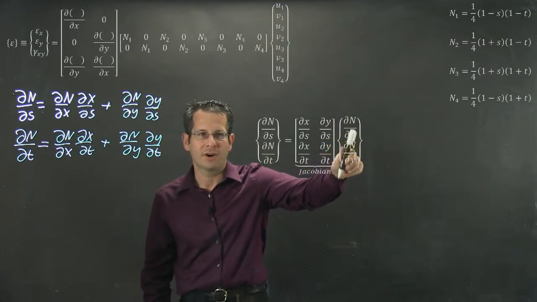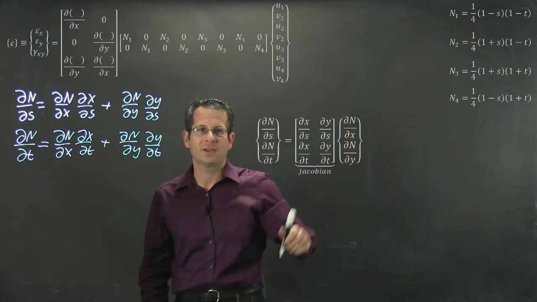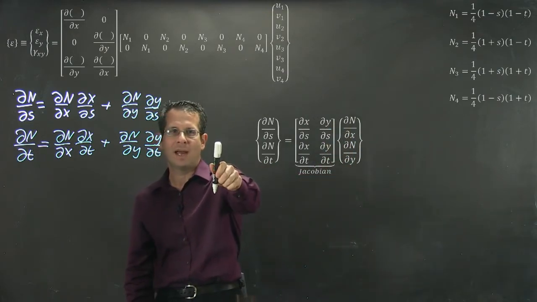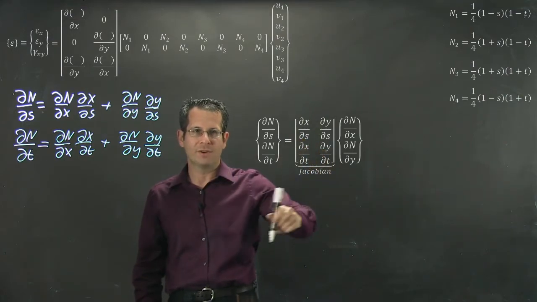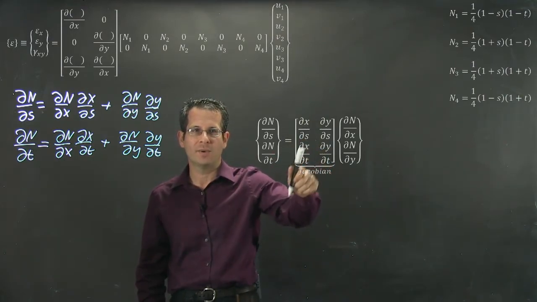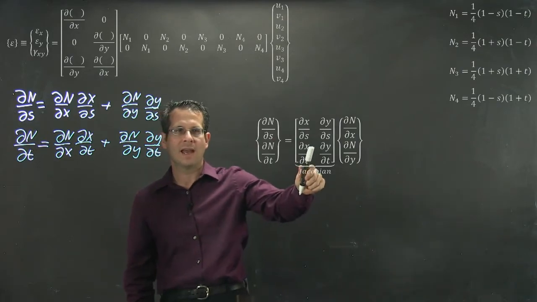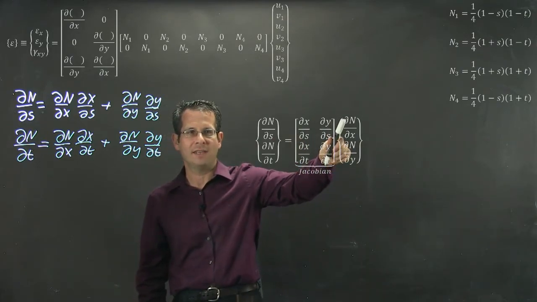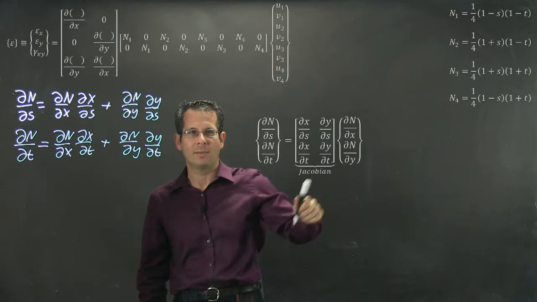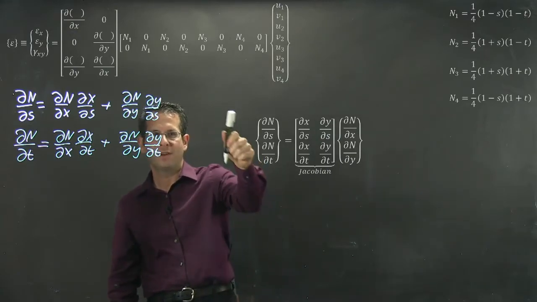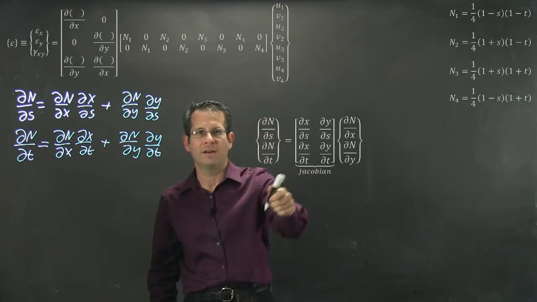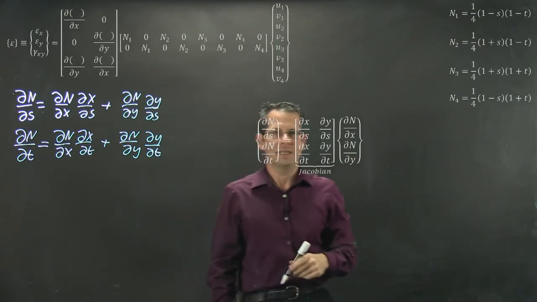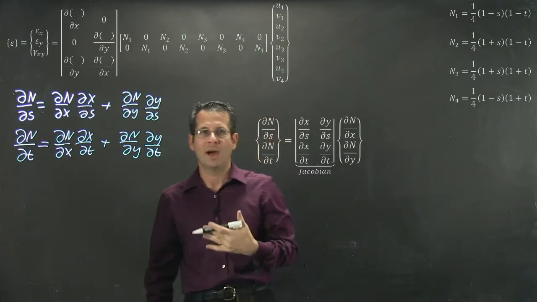If I want to recover this vector, I need to multiply both sides of this equation by the inverse of my Jacobian. That'll end up with, on this side of the equation, the dN/dx and dN/dy I'm looking for. And I need to figure out what I get on this side of the equation. I need to find the inverse of this matrix. It's a simple matrix. It's just a 2 by 2 matrix.